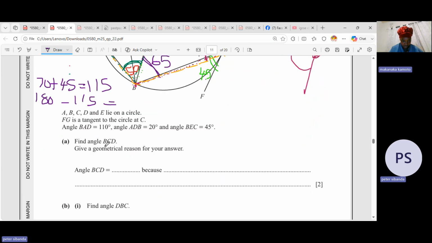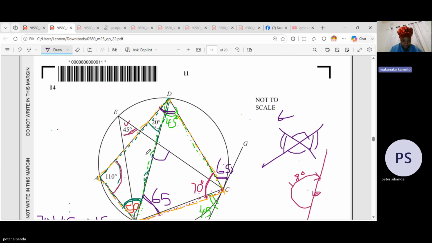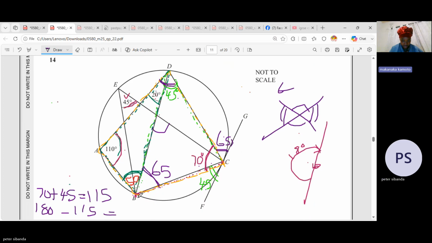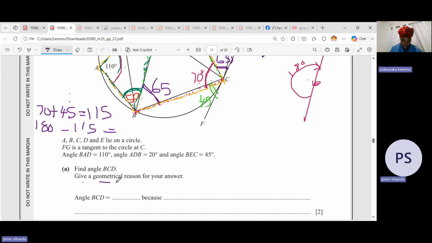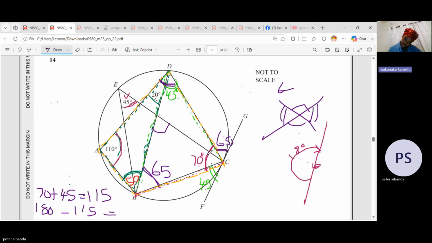Find angle BCD. That's the first question. BCD is 70. Do you remember how we found it? Because the question says give a geometrical reason for your answer. So you'd say the answer is 70 because... Do you remember how we found 70 on this angle BCD?